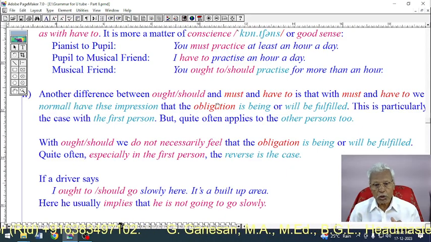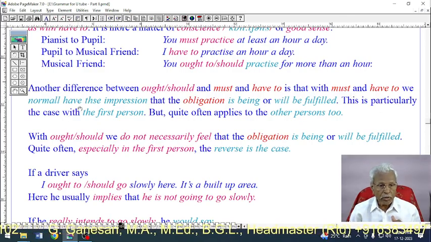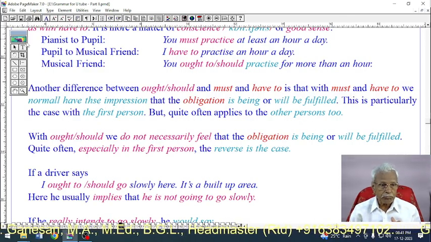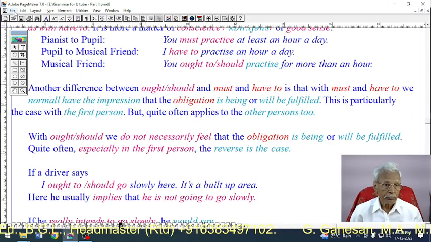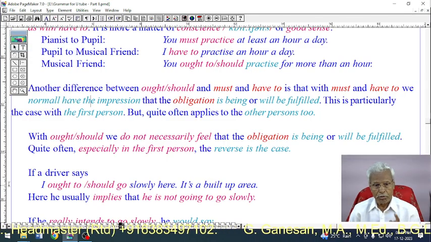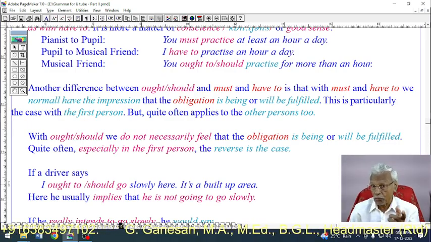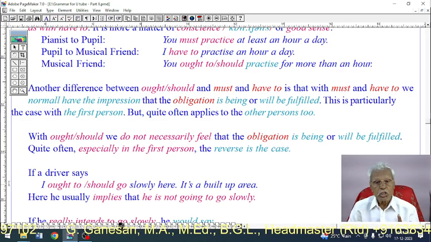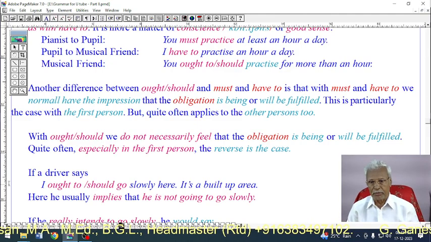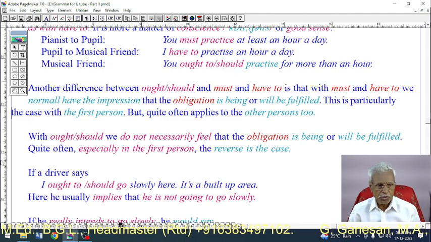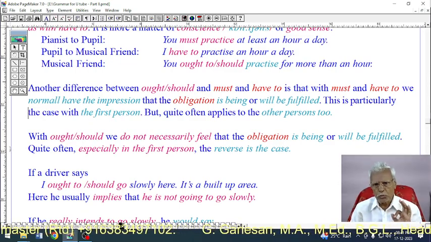Another difference between ought or should and must and have to is that with must and have to, we normally have the impression that the obligation is being or will be fulfilled. This is particularly the case with the first person, but quite often applies to the other persons too.